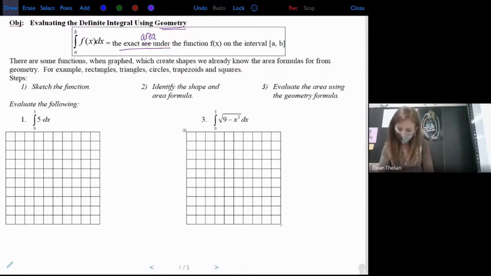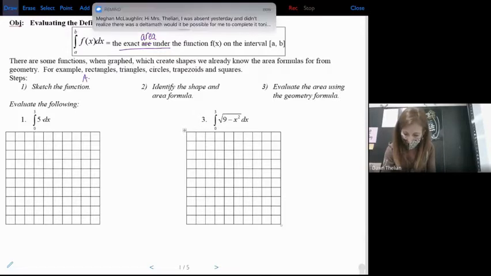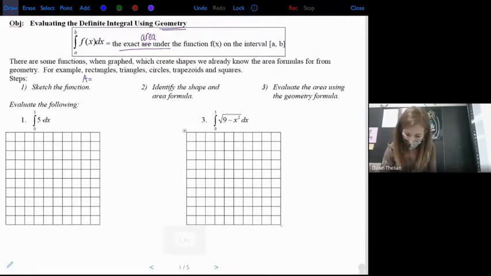So, for example, rectangle. I know you know, but I'm just going to say it. Area equals base times height for a rectangle. Triangles are 1/2 base times height. Circles are pi r squared.